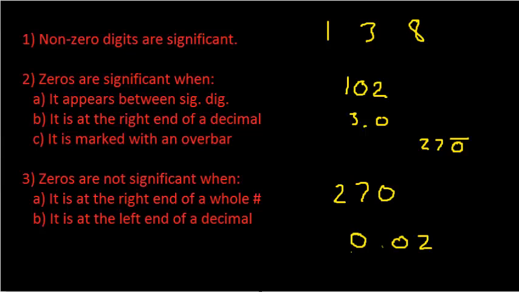So this number has 1 significant digit, this has 2, this has 3, 2, and 3. And again, all of our non-zero digits, 1, 2, 3, 4, all the way up through 9, are significant digits. So now let's take a look at the definitions for precision and accuracy.